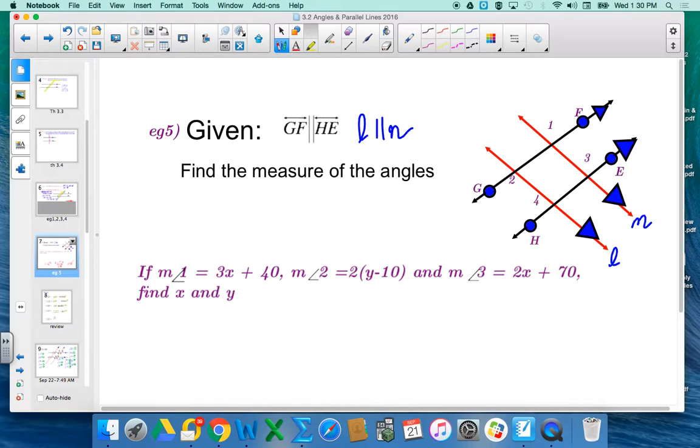The line L and M. Yesterday I said sometimes it's hard to look at the picture. We know that line GF is parallel to line HE, and we know that line L is parallel to line N. They gave us that information.